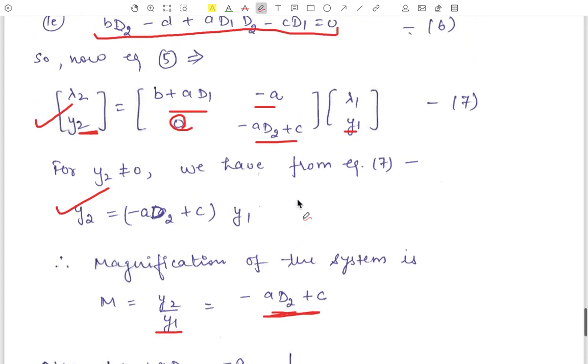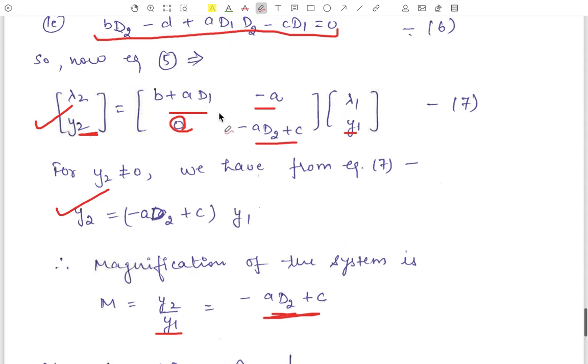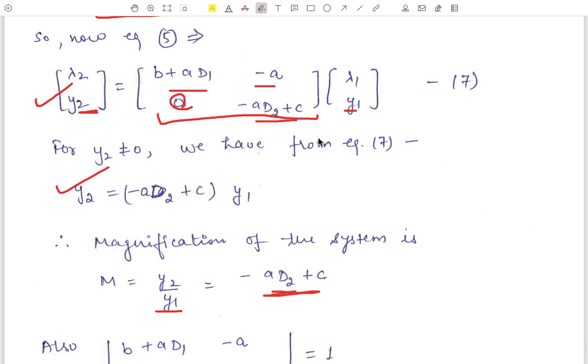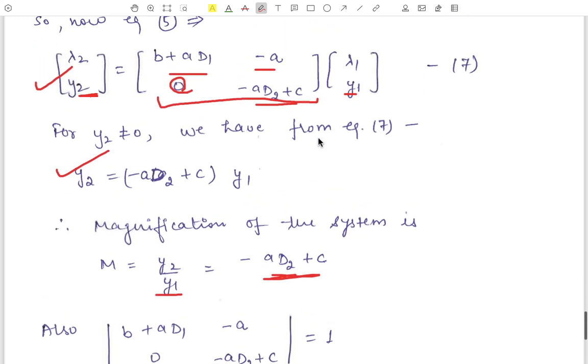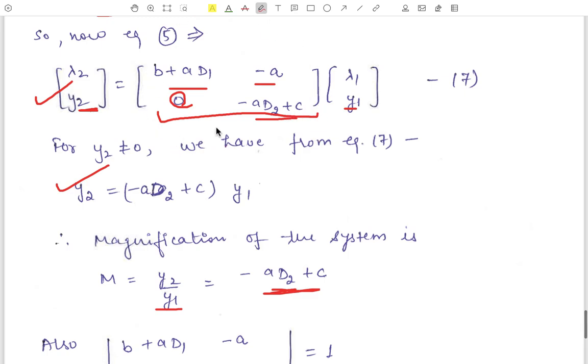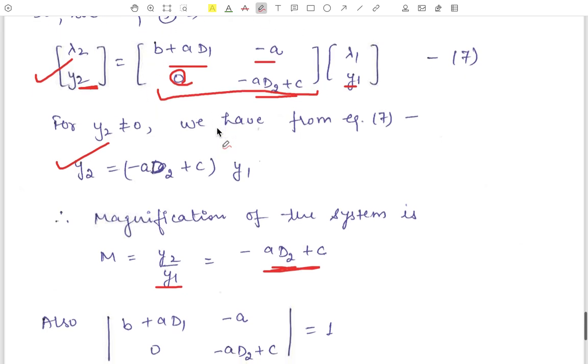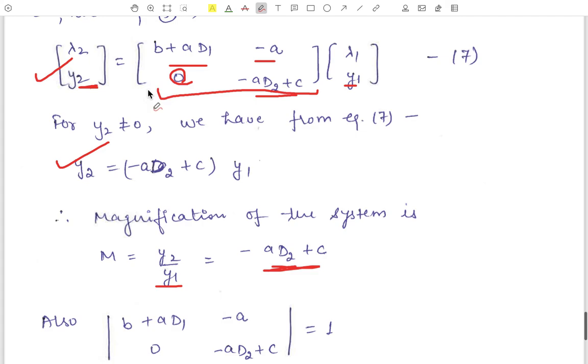But we have here this matrix, and this matrix is the result of the product of the system matrix and the translation matrices, and all these translation matrices, refraction matrices and the system matrix have determinant equal to 1. Therefore their product matrix will also have the determinant equal to 1, that is the determinant of this matrix will be equal to 1.